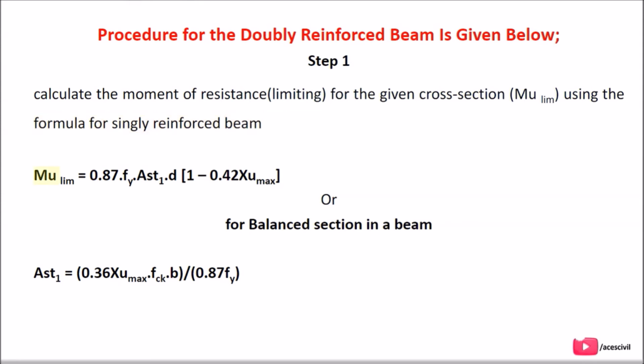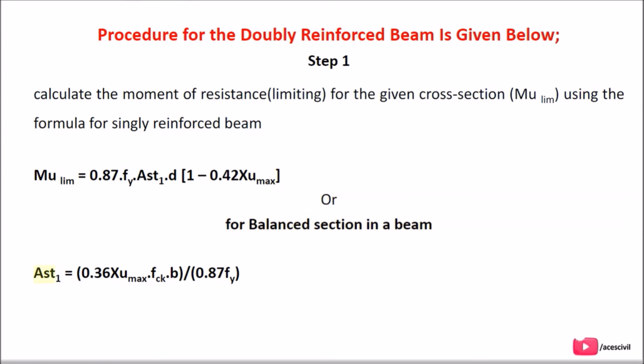Mu lim equals 0.87 fy Ast1 d1, or 0.42 xu max, for a balanced section in a beam.